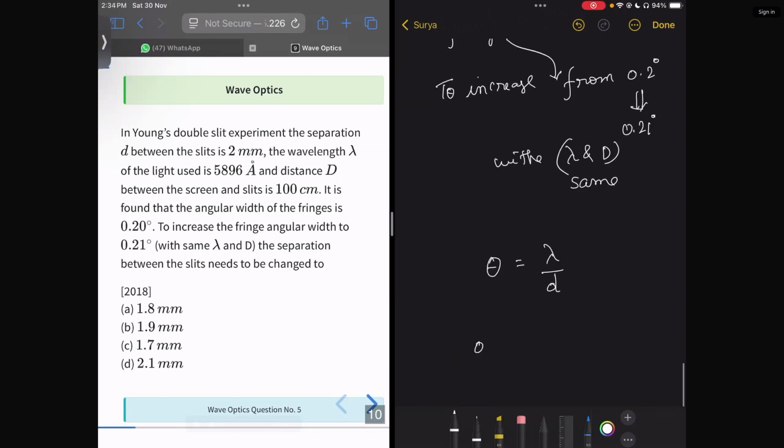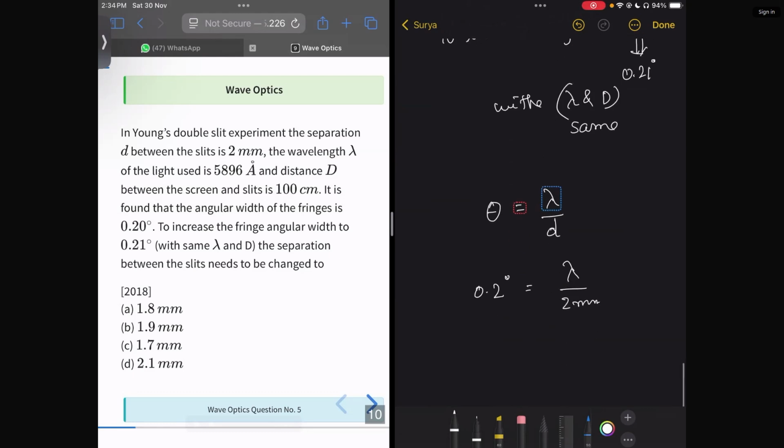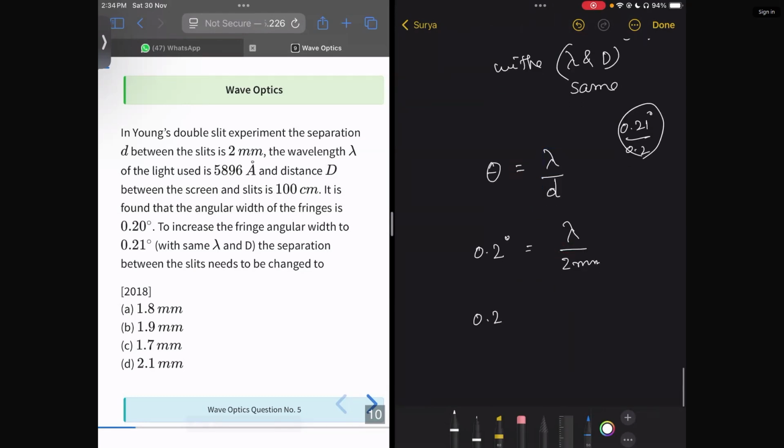Initially it is 0.2 degree, which is lambda by 2 mm. If you convert into radians, the ratio will cancel out. Now we want 0.21 degree with the same lambda, so we have to change d to some value.